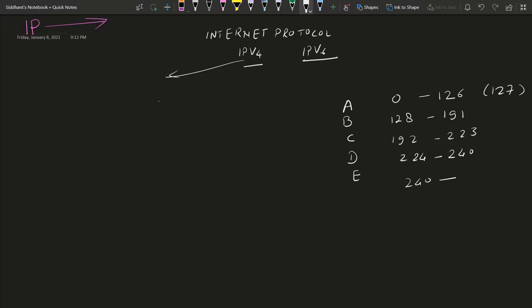So if there is a device in any network, suppose there is a PC which needs to get on the internet or which needs to talk to another device. Suppose both of these devices wanted to talk to each other. This is PC A, this is PC B. So how will they identify themselves and each other?